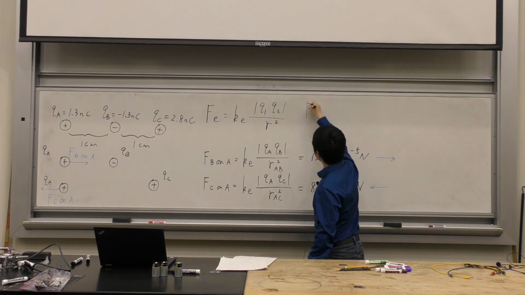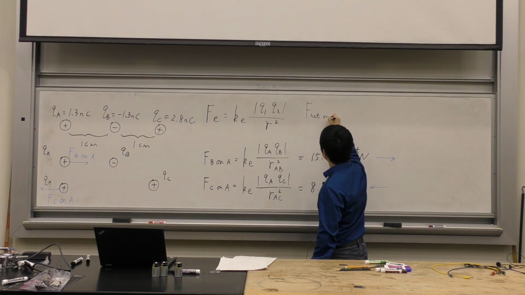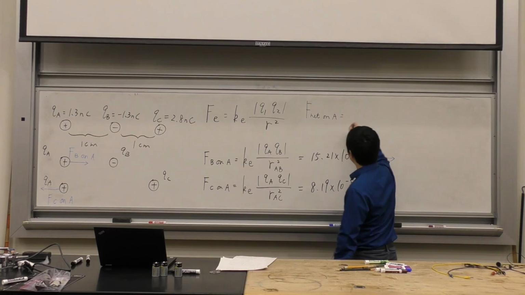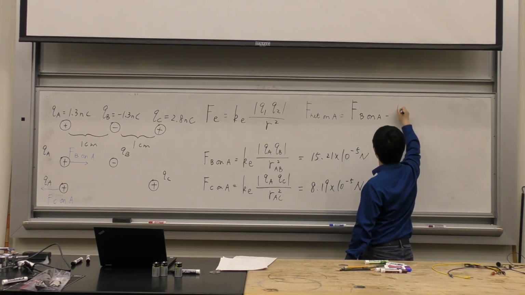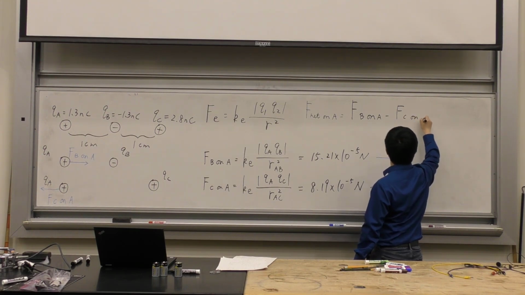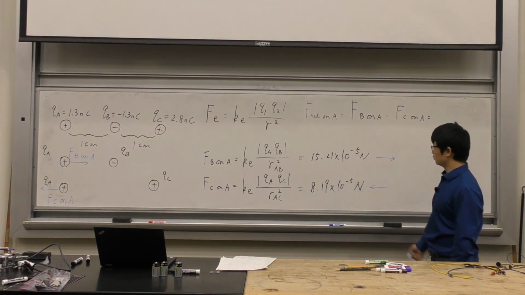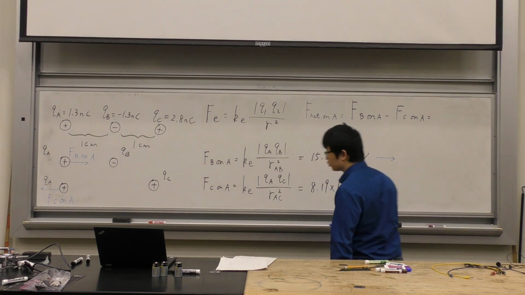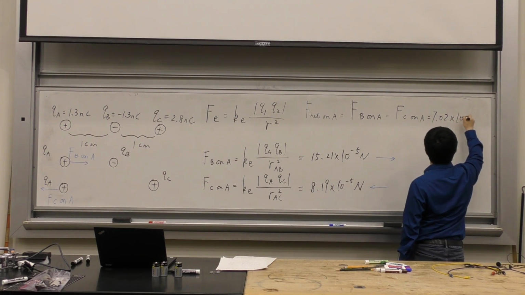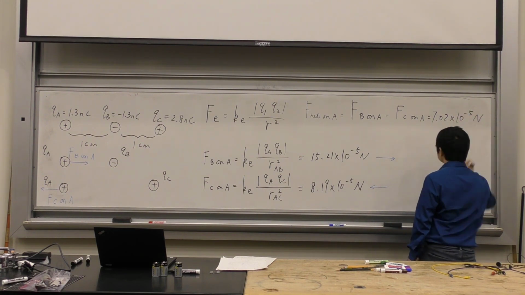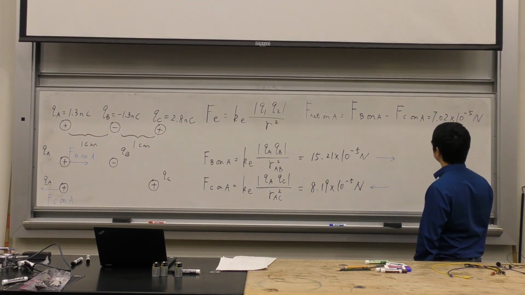So the net force on A is going to be the larger one, B on A, minus C on A. Subtract them because they are in opposite directions. When you subtract them, you should get 7.02 times 10 to the negative fifth newtons. So that's going to be the magnitude.